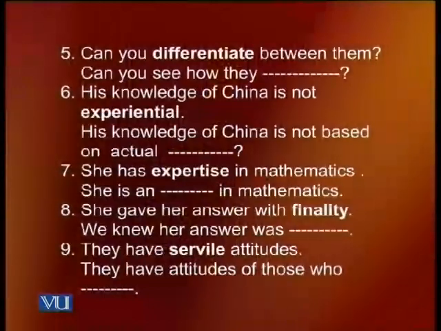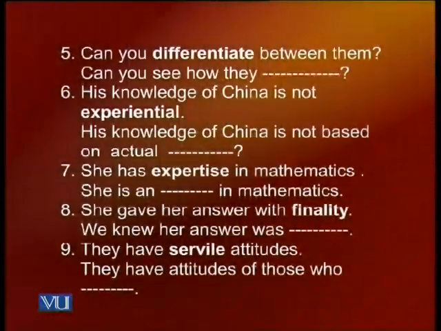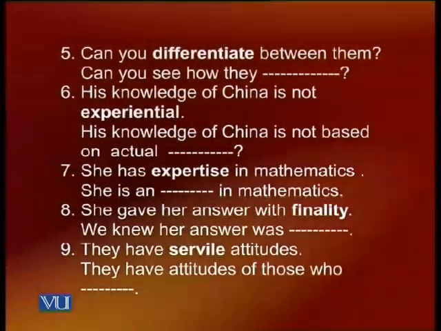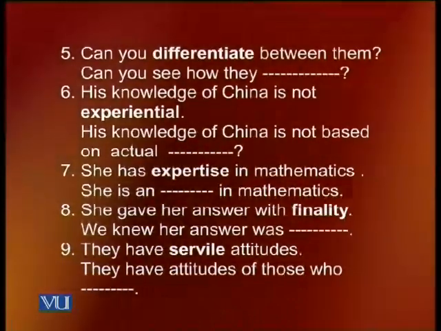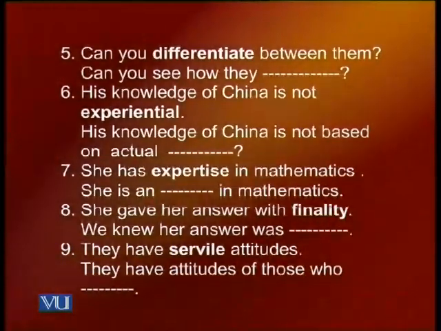Number 7, she has expertise in mathematics. What does expertise mean? Where is the base over there? And in the sentence that you have to illustrate, the word that you will put over there will be the base word. She is an expert in mathematics.